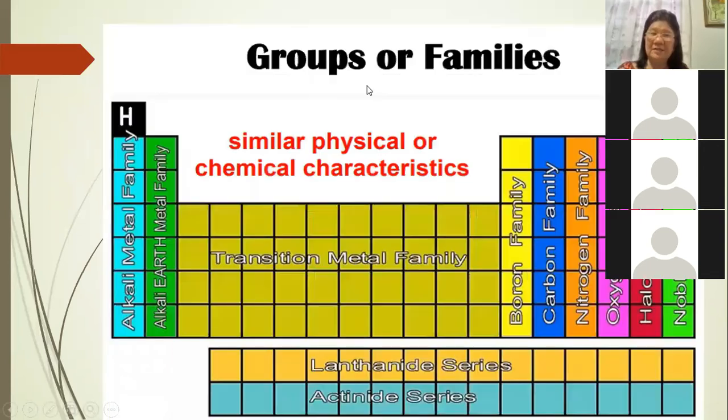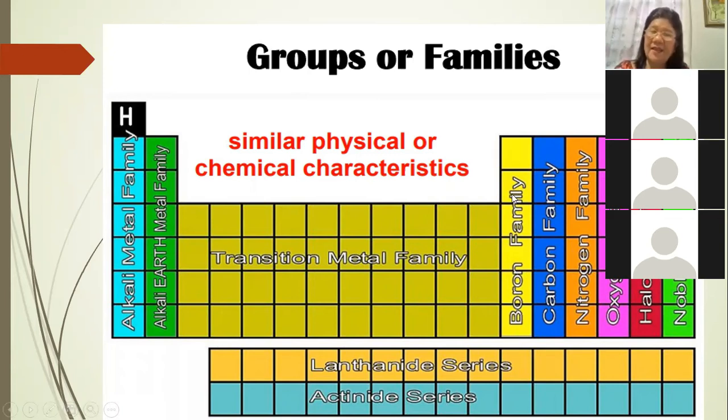Here it is. These are groups or families. So, group 1A are alkali metal. Group 2A are alkali earth metal. Then this portion here are the transition metal.